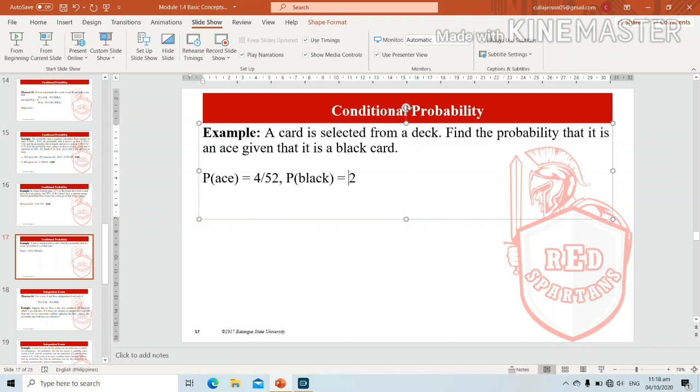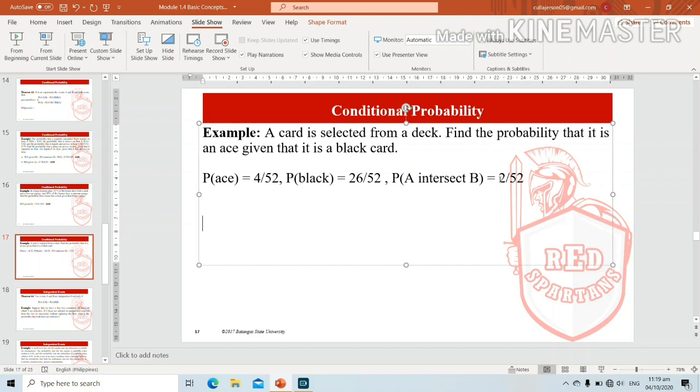So, 13 times 2 is 26 over 52. Then, ano naman yung intersection ng ace intersect sa black? Ano yung common sa kanila? Ang common ay yung isang ace na flower at isang ace na spade. So, meron tayong intersection na 2 over 52.